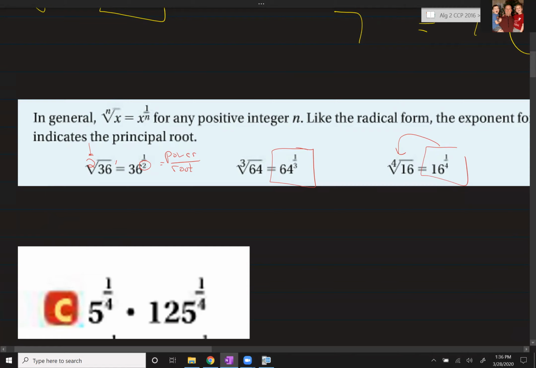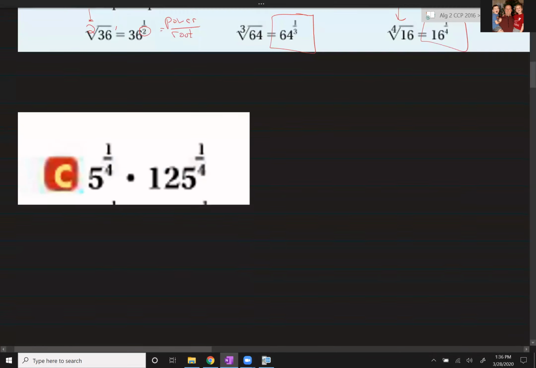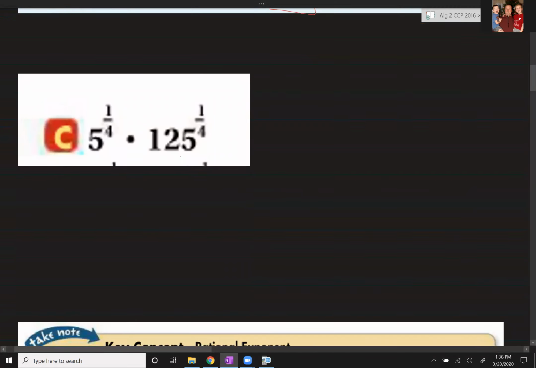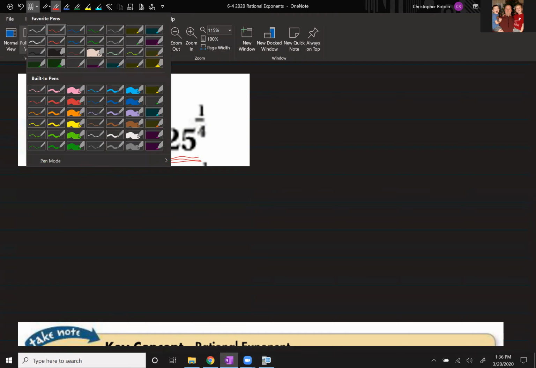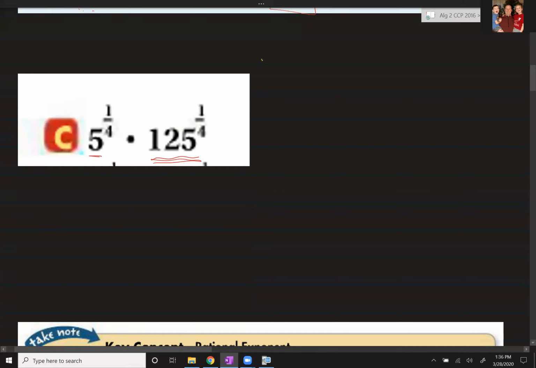Now remember, your rules are, we want to make sure we have the same base before we can do anything with it. So 125, that's not really the same as 5, and it's not 5 squared, but it does happen to be 5 to the third power. So this is 5 to the 1/4.